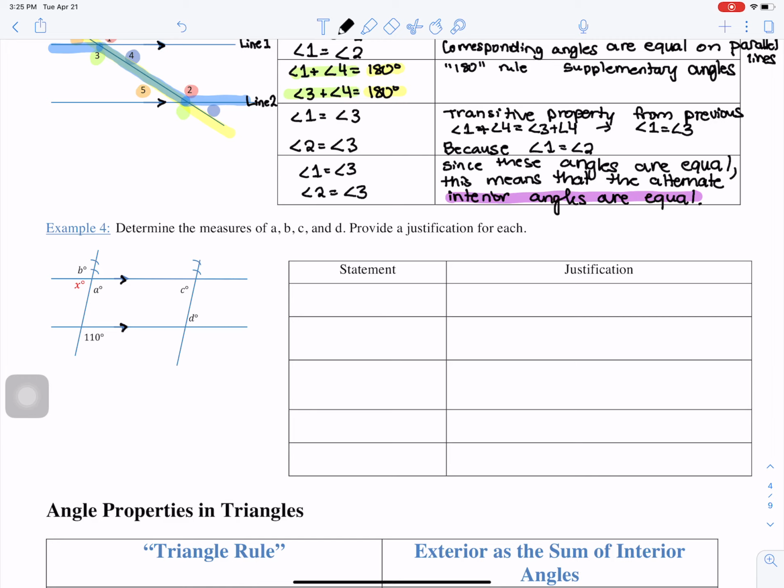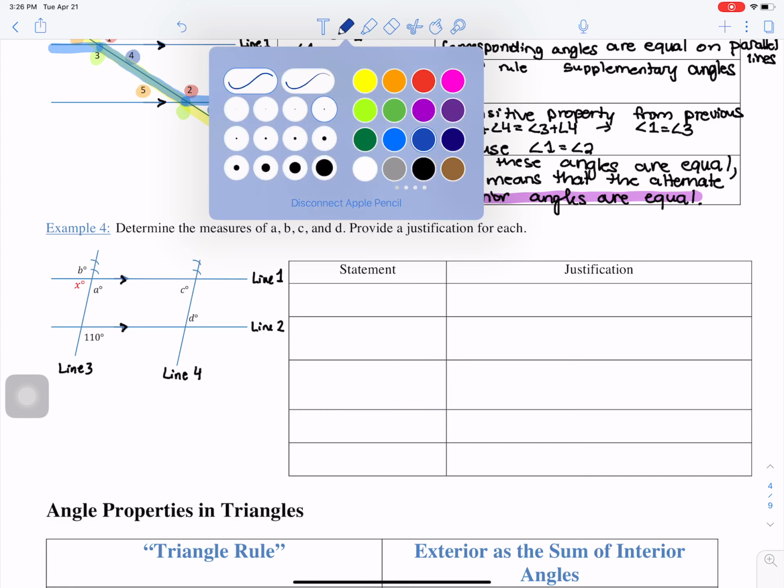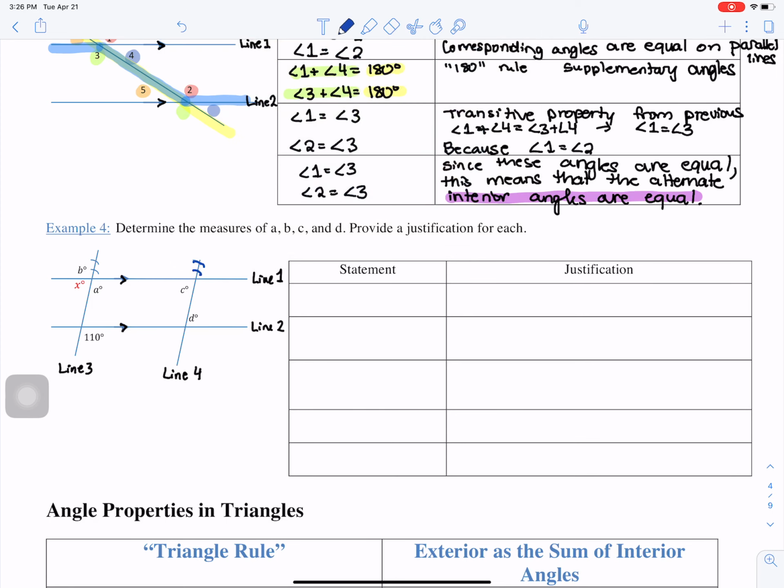And there's 4 lines happening. There's line 1 that's parallel to line 2, and then there's 2 transversals coming in, which I'll call line 3 and line 4. Now line 3 and line 4 are also equal because they indicate that through these 2 barred lines on the lines themselves.